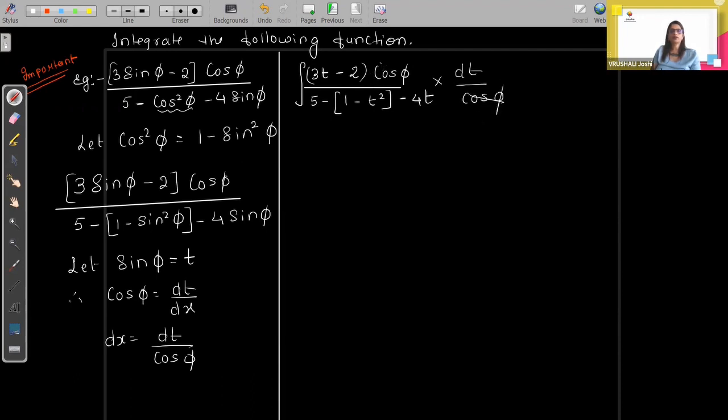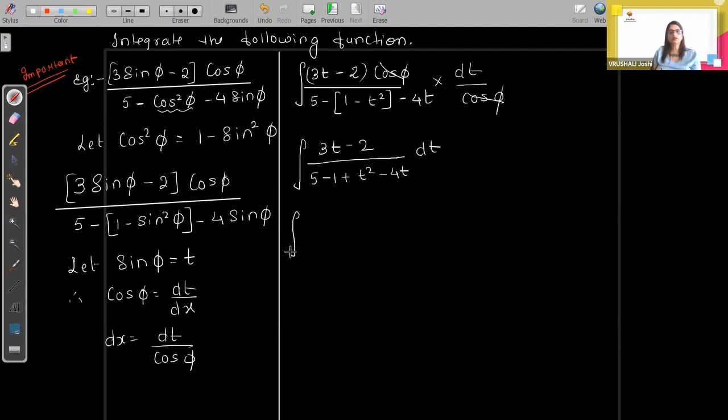So this and this will go, and finally we are left with integration of 3t minus 2 divided by, अब ये सारा ब्रैकेट जब आप खोल दोगे तो what will you get here? You will get 5 minus 1 plus t square minus 4t dt.